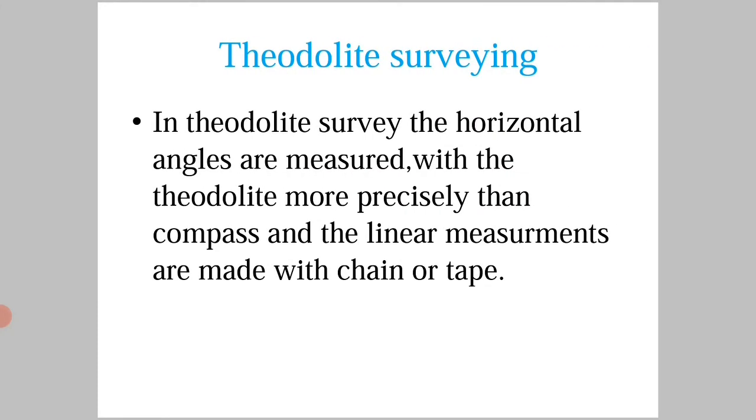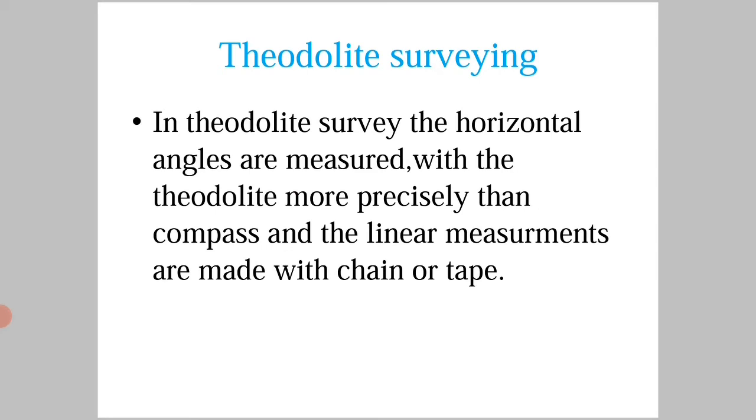Then theodolite surveying. What is theodolite surveying? See the point. In theodolite survey, the horizontal angles are measured with the theodolite more precisely than with a compass, and the linear measurements are made with chain or tape.